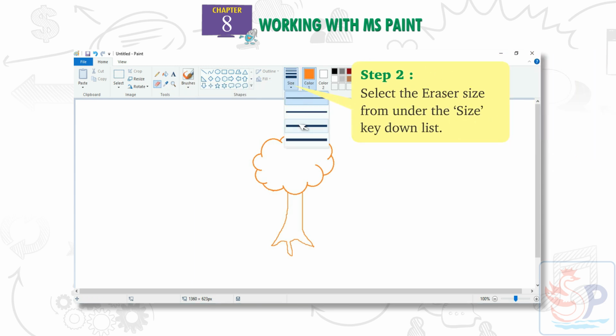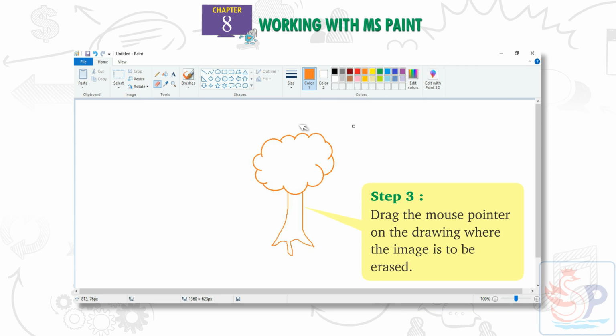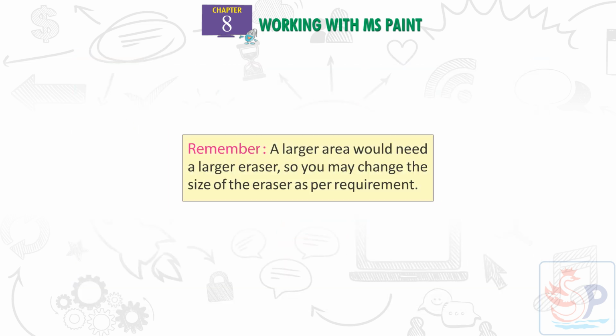Select the eraser size from under the Size drop-down list. Step 3. Drag the mouse pointer on the drawing where the image is to be erased. Remember, a larger area would need a larger eraser, so you may change the size of the eraser as per requirement.